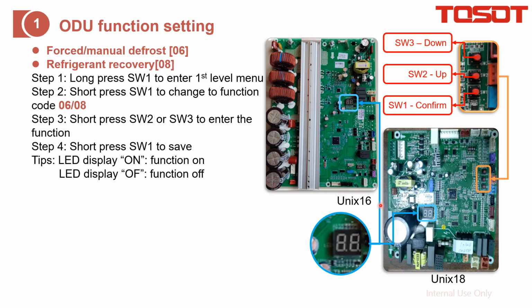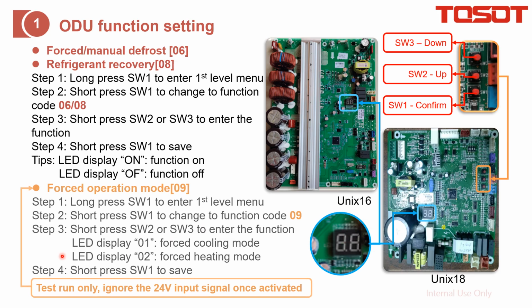Just follow the signals from the LED, then you can recover the refrigerant. As for the force operating mode, that is only for the test run. Just like what I said, it will ignore the signal from the 24-volt input. Just follow these steps to apply either cooling mode or heating mode.